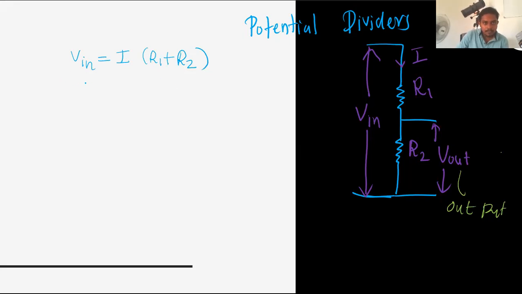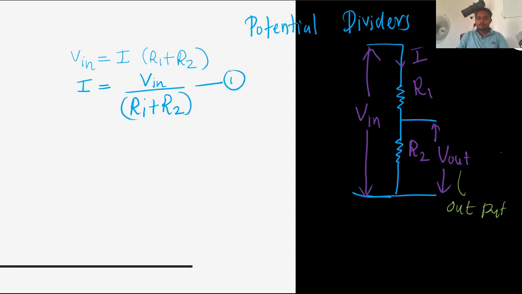Then I'm going to make I the subject, which is I equals V in over R1 plus R2. This is our first part.